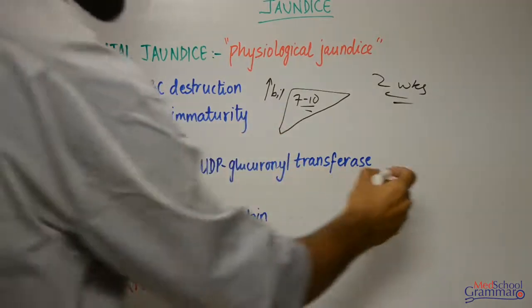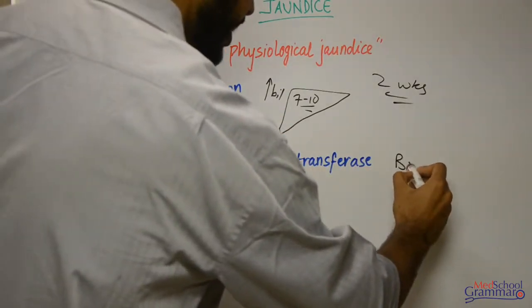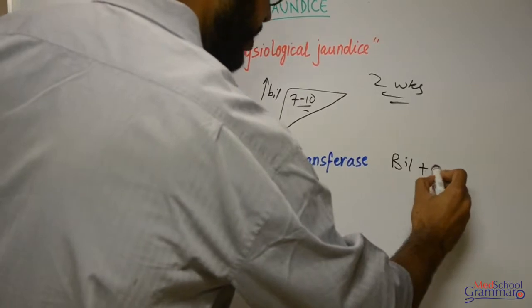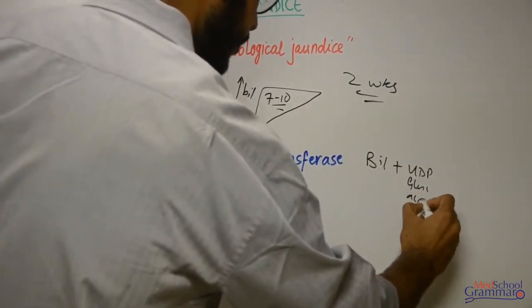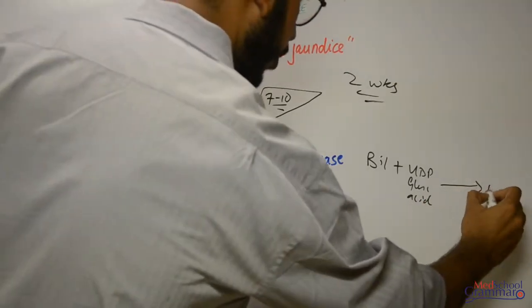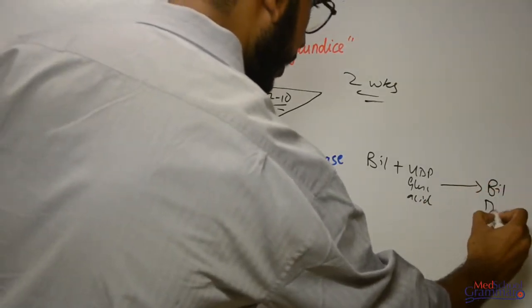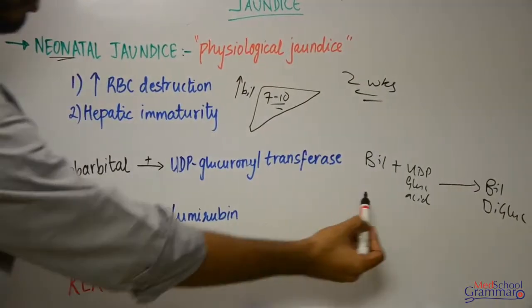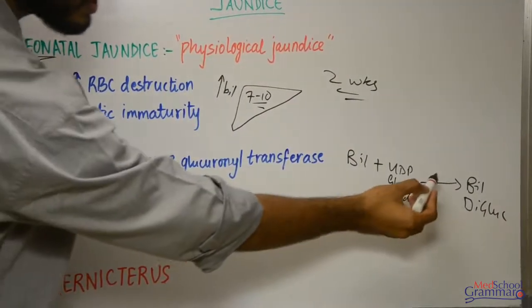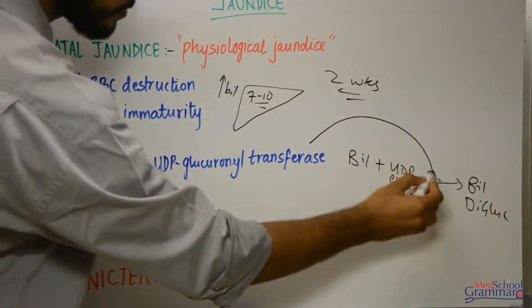If you remember the conjugation of bilirubin, we said that bilirubin combines with UDP glucuronic acid and becomes conjugated to form bilirubin diglucuronide. Alright, we talked about this reaction in conjugation. The enzyme used here is this.